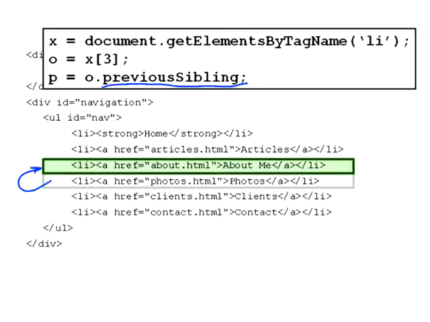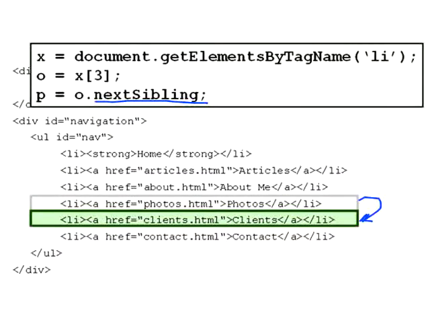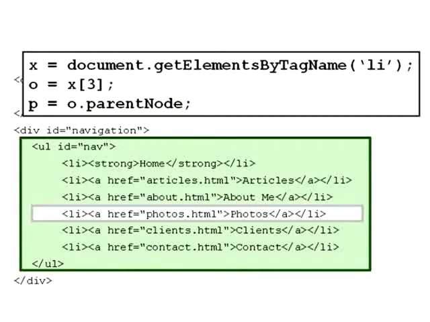So if we want to select the element before the current element, we use previousSibling. If we want to select the element after the current element, we use nextSibling.